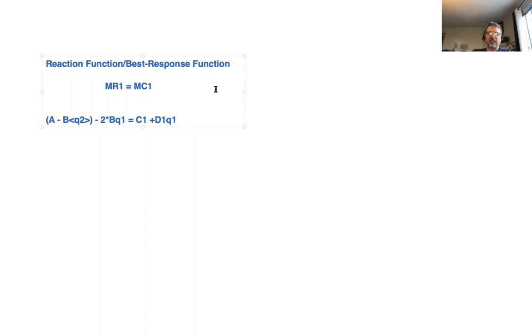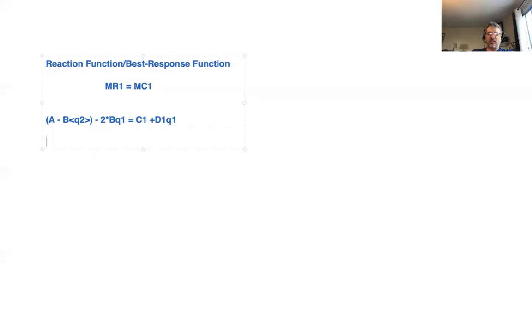Just to be clear, this is the best response function for firm one. If we're careful, and you have to do it at this stage, if you do it at a different stage, you'll see what I mean by stage.